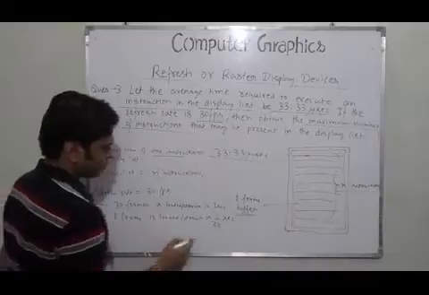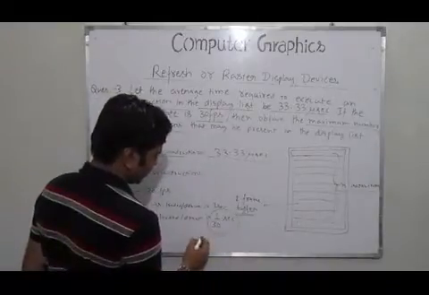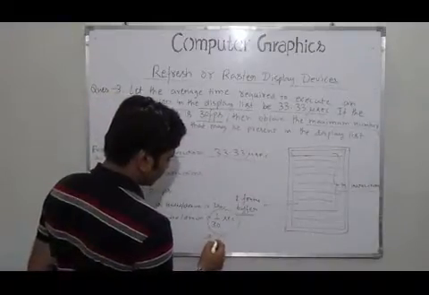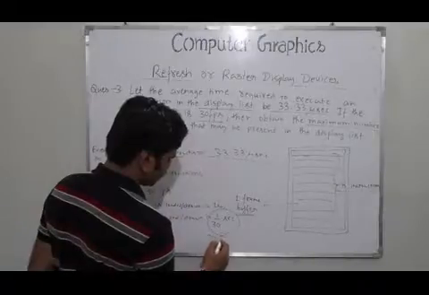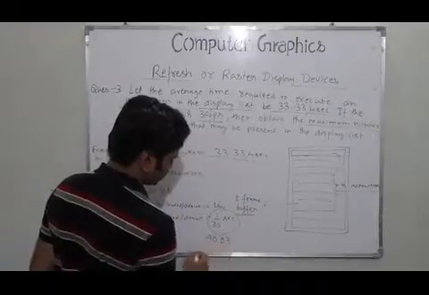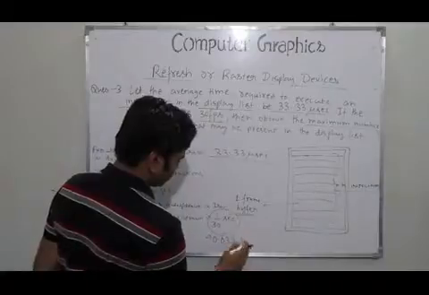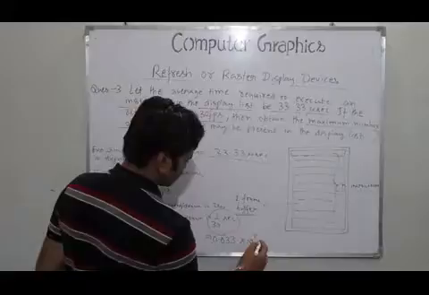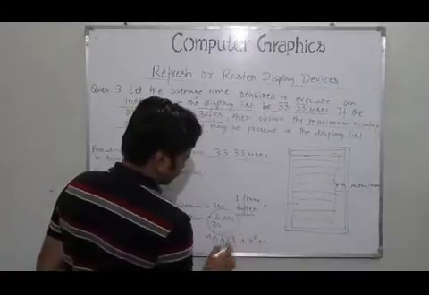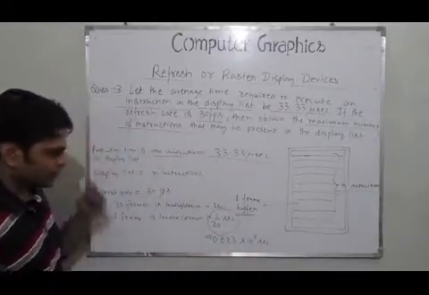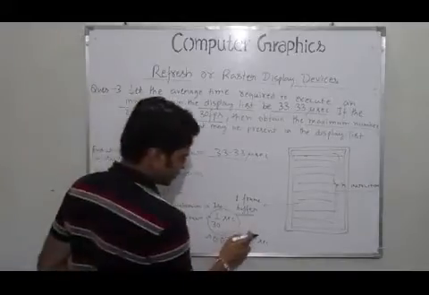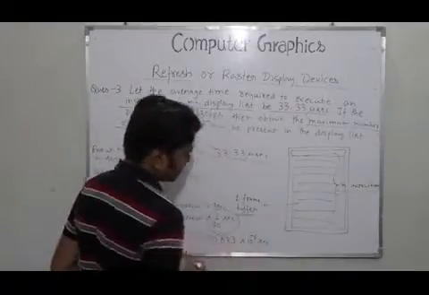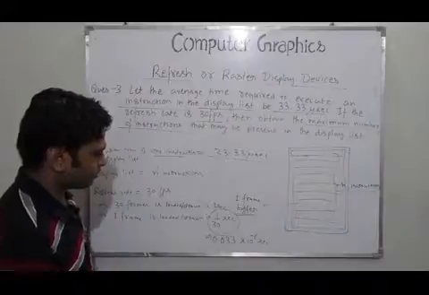When we compute this, we obtain the value 0.033 into 10 raised to power minus 6 second.